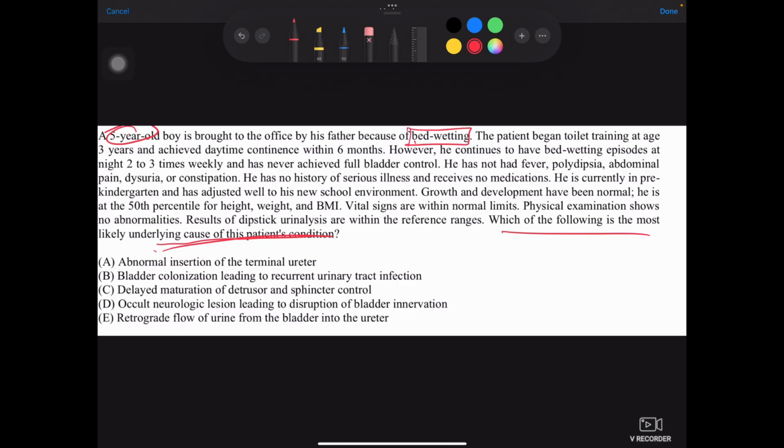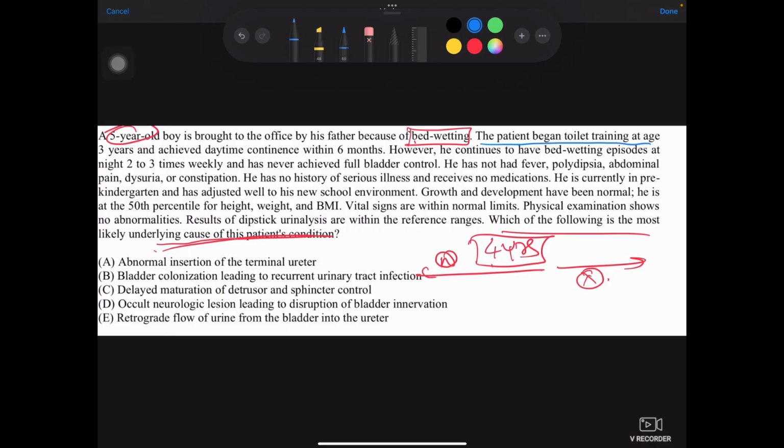Before proceeding, what I know about bedwetting is that 4 years is the benchmark. At 4 years or before, bedwetting is normal. After, it is not normal. So let's read ahead.